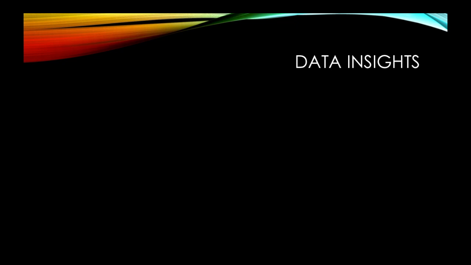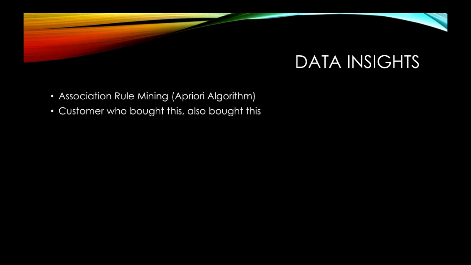Now let's look at one of the techniques for generating data insights. We used association rule mining for this, which basically says that if a customer bought this item, they also bought this other item, so we can provide recommendations to the customer, or the business owner can launch bundle offers or something like that.